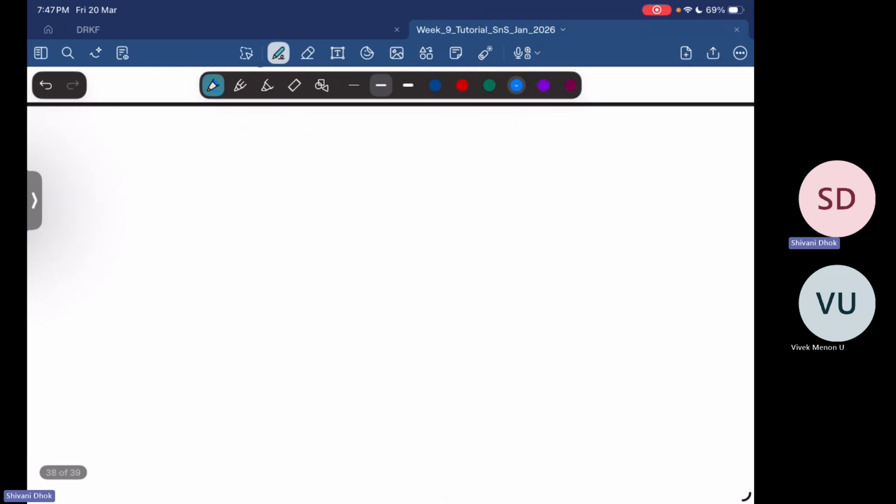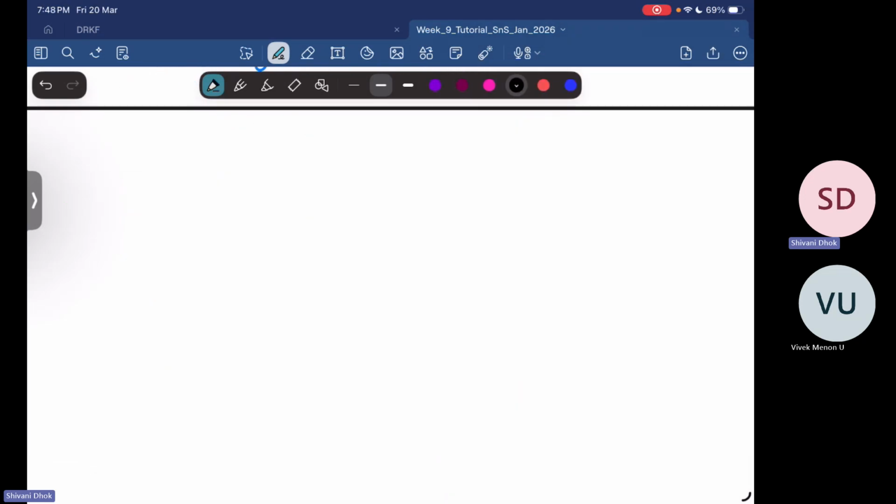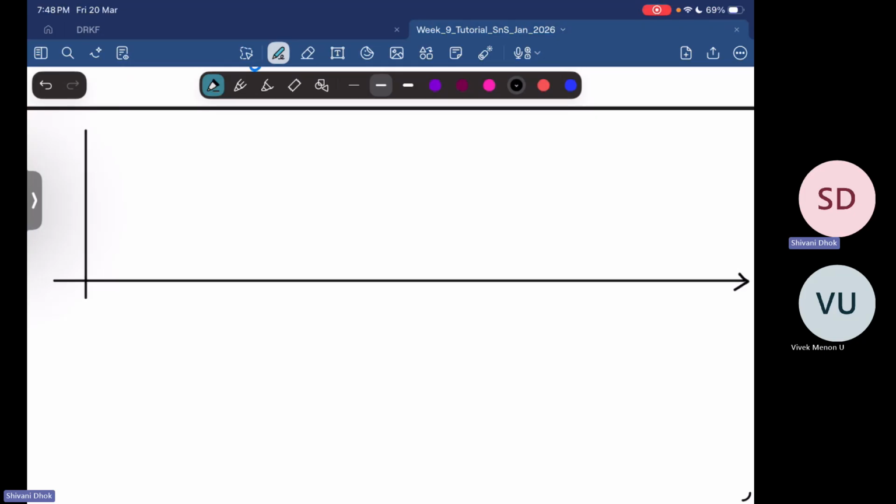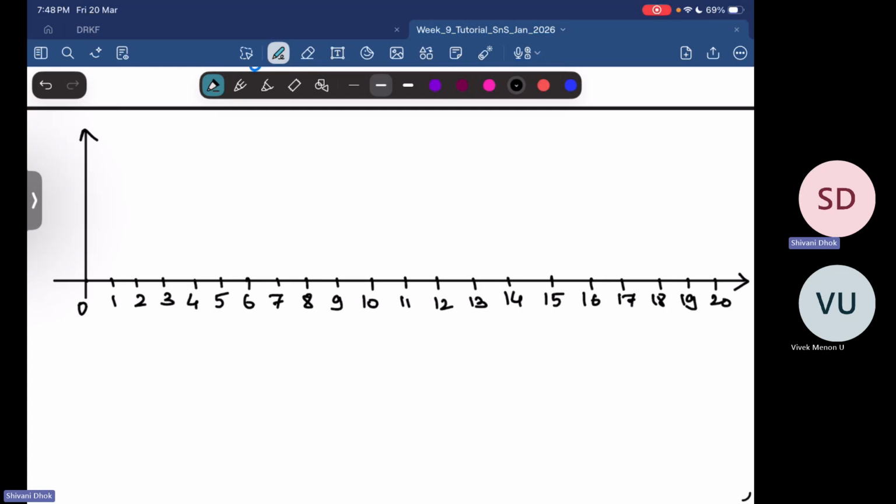Or if we sketch it, it will look something like this. This is 0, 1, 2, 3, 4, 5, 6, 7, 8. Okay, so your y of n is 1 for n equal to 0.